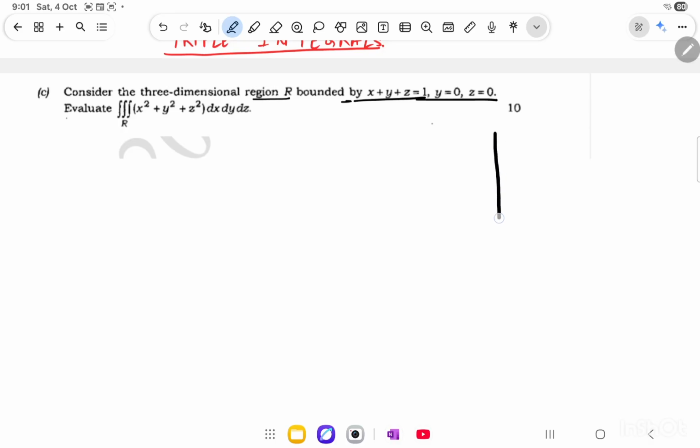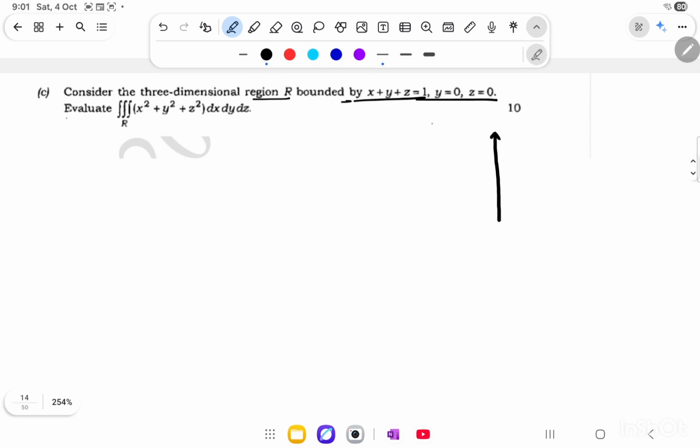Let's say this is my x-axis, this is the y-axis, and this is the z-axis. The first plane is y equals 0, which will be this plane, the xz plane.